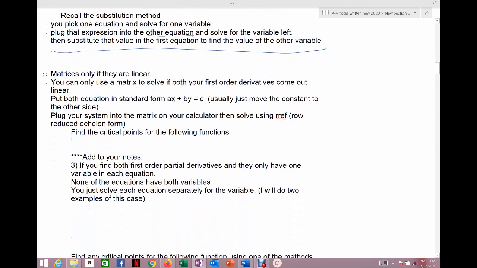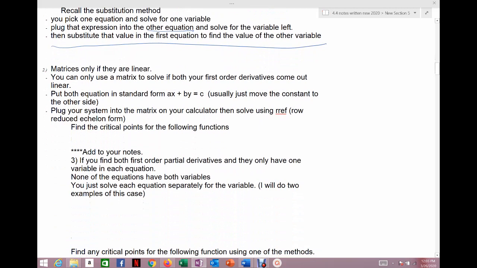Alright, the other 2 cases, so again, I added a third case. The second case, which in a lot of our applications will work, is if my first order derivatives come out linear, meaning I can put them in a linear form, the standard form for a line, some number times x plus some number times y equals a constant.